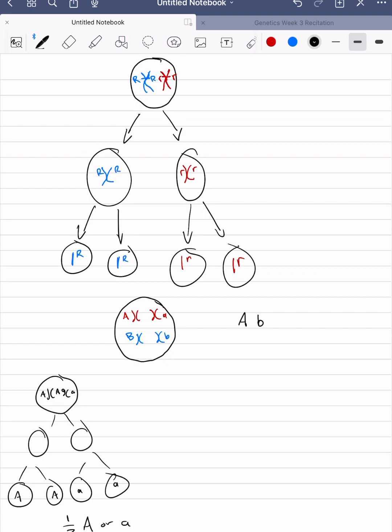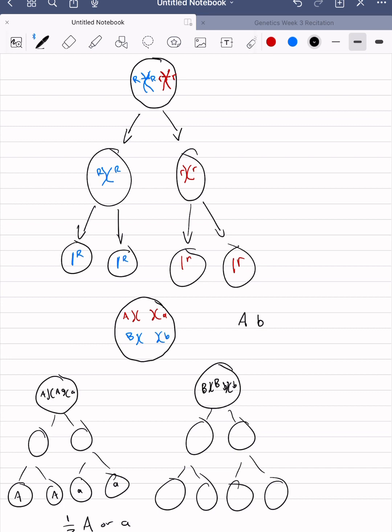Now, likewise, on the other side, you have big B, big B, little b, little b. And I'd go through the processes of meiosis again, and you would end up with 4 haploid cells, which would contain big B or little b, and you have the same probability. Half to get big B or little b.